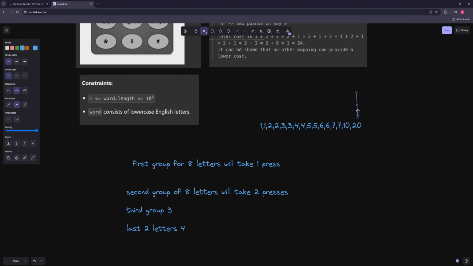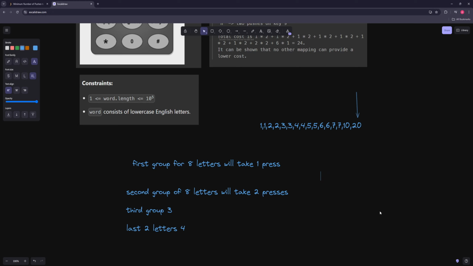If it's the second letter, all we have to do is divide by 8 to figure out what group we're in. If this is the 15th letter, we divide by 8 and do a ceiling divide, so this is the second group. If this was the 7th letter, divide by 8, round up, first group. 20th letter, divide by 8, round up, third group, and so on.